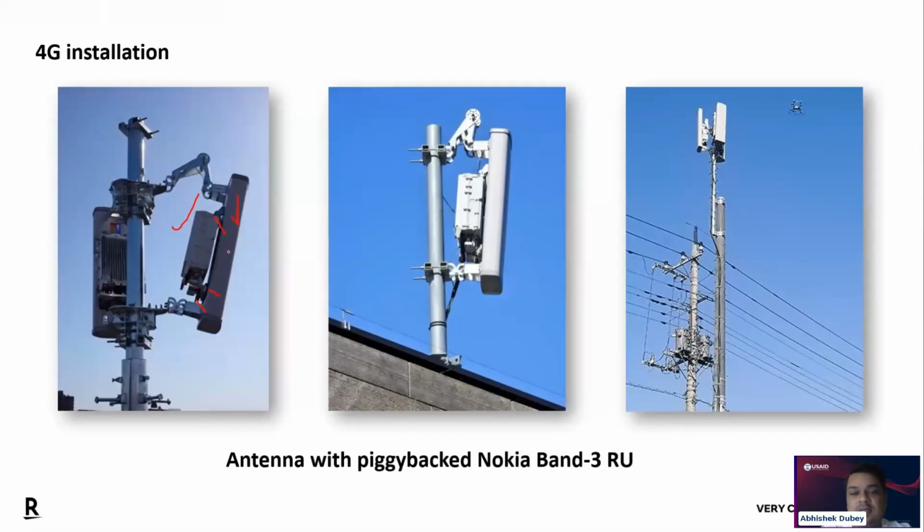So obviously there will be more coverage from one side, and that leads to fewer sites deployed in that area compared to the traditional, because there will be more losses due to the jumper cable. In the traditional deployment they are using jumper cable from the antenna to the base of the site location, so there will be more jumper loss, and due to that they need to install more sites.